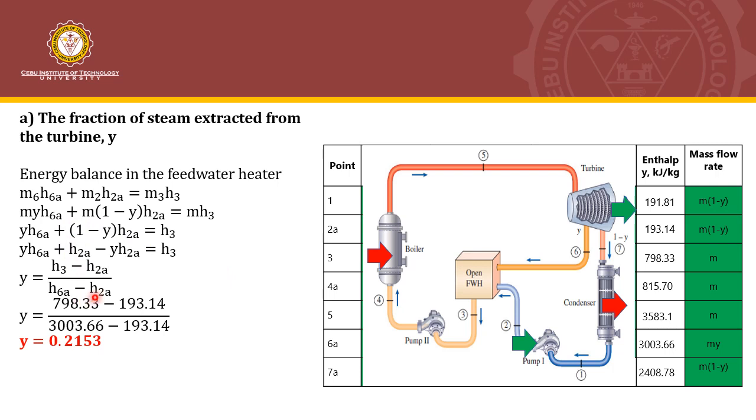We just substitute the actual value of H2A and H6A to get the value of the steam that is extracted from the turbine. You can find here that the steam that is extracted will become 0.2153 or 21.53%. So this is a decrease from the previous result that we obtained.